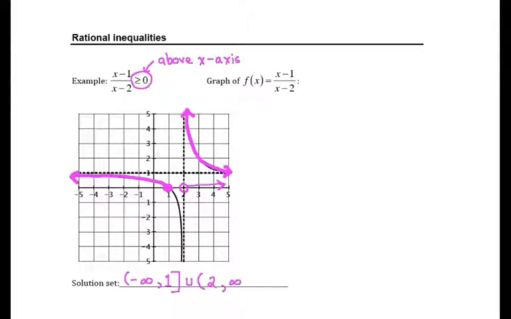This is the first case that we may have seen in which the bracket style doesn't match the inequality. We have an inclusive inequality, but we still have a round parenthesis instead of a square bracket because of the fact that 2 is not even in the domain of (x minus 1) over (x minus 2), so it can't be in the solution set to the inequality either.